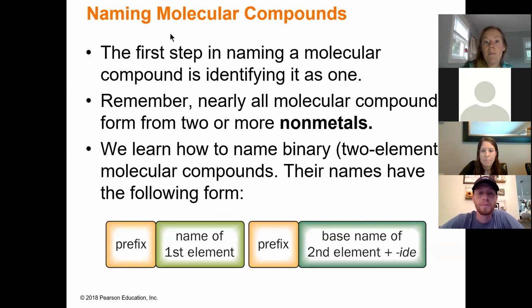They're molecular compounds. Here we can see the word molecular. And that means that they share electrons and they have a couple different combinations. So you can have things like carbon with 1 oxygen, that would be carbon monoxide. You can have carbon with 2 oxygens, that would be carbon dioxide.